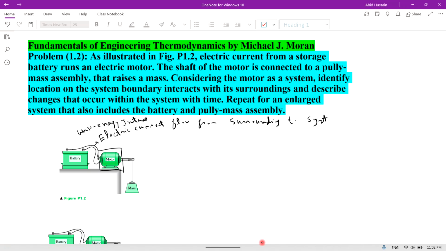Electric current flows from the battery to the motor, so electric current flows from surroundings to system.